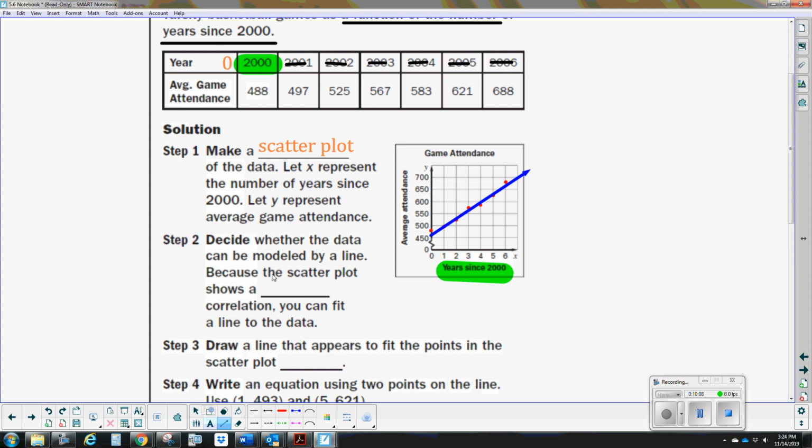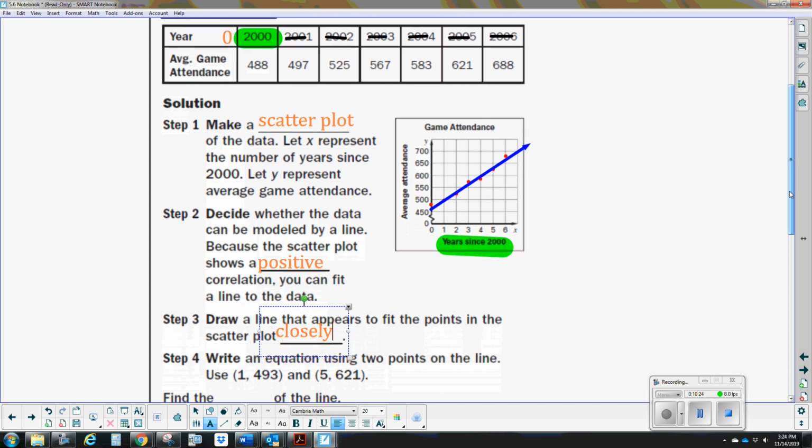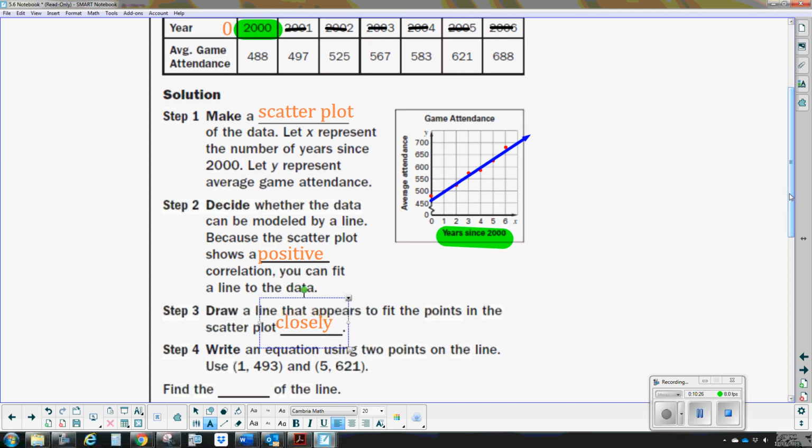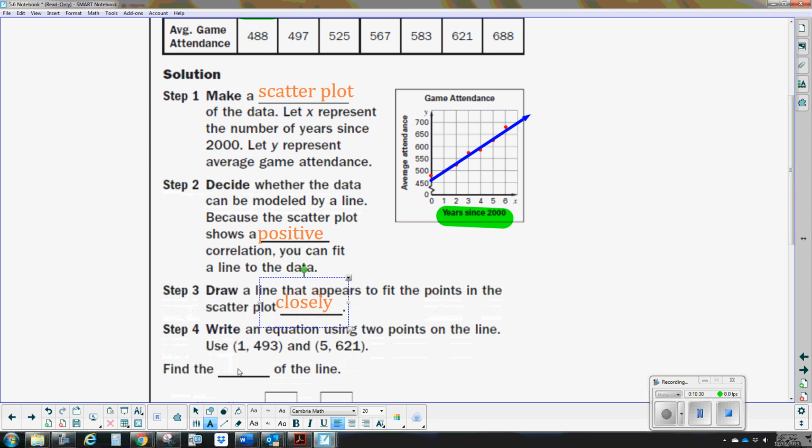Okay, so I can see that there is a positive correlation. Then I drew my line that appears to fit most of the points in the scatter plot closely. And the next thing I have to do is find the slope. Now again, I don't have specific points.